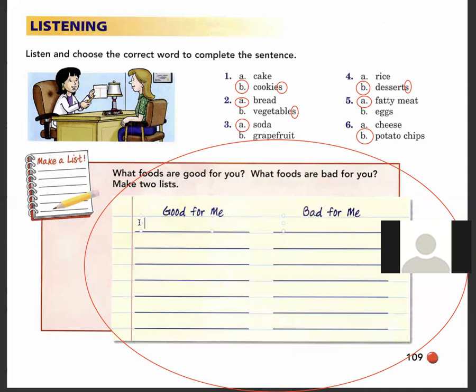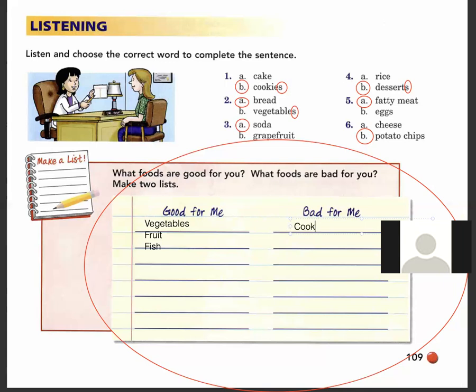Juliana, can you tell me what are some foods that are good for you, for everyone? Okay, vegetables, fruit, fish. That's good. Those are good examples. What are some things that are bad for us?